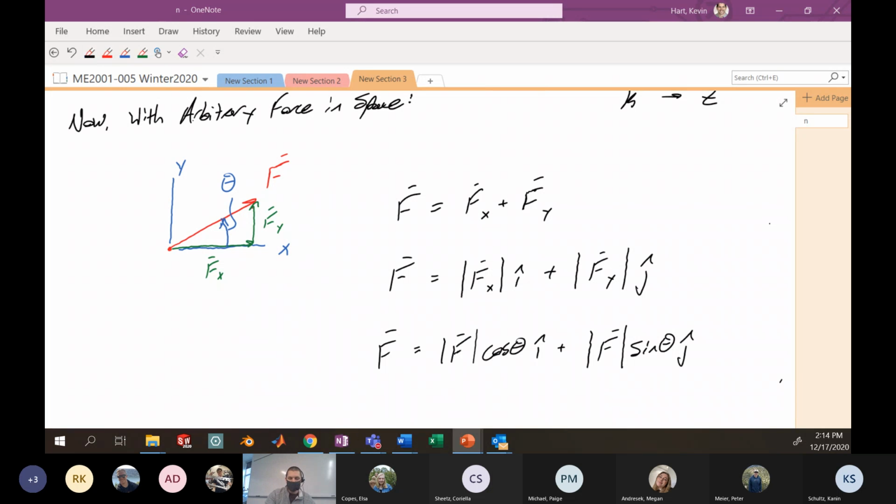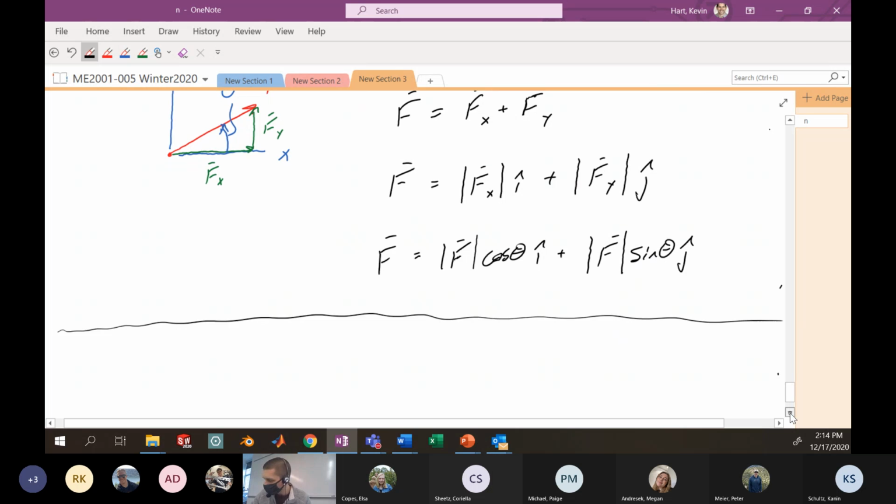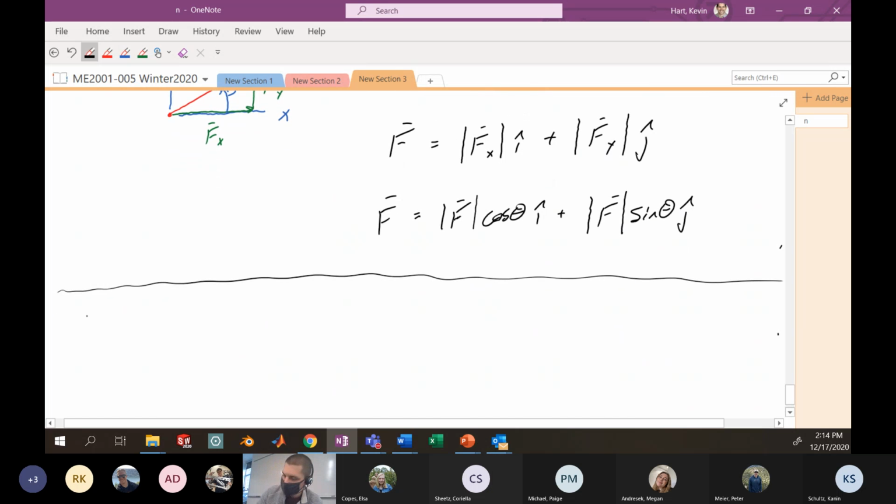And the reason that it's helpful and useful is the next step that we took in this class to get us to a statics analysis: introducing the idea of 2D equilibrium and adding multiple forces at a particle together. So this is useful when we move to 2D particle equilibrium.